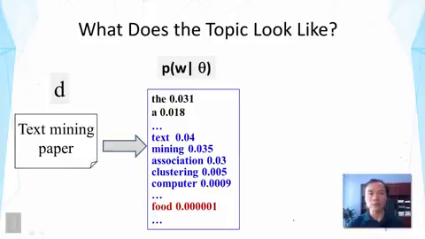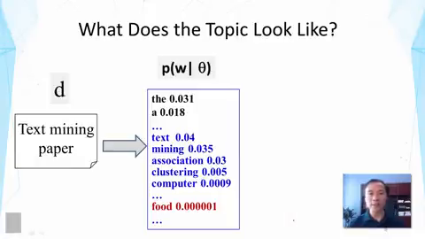And this will be followed by some content words that really characterize the topic well, like text mining, etc. And then in the end, you also see very small probabilities of words that are not really related to the topic, but they might be accidentally mentioned in that document.